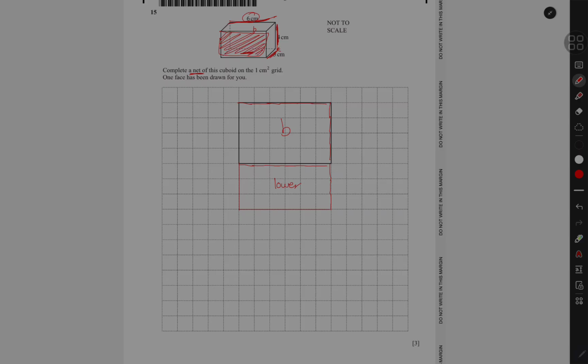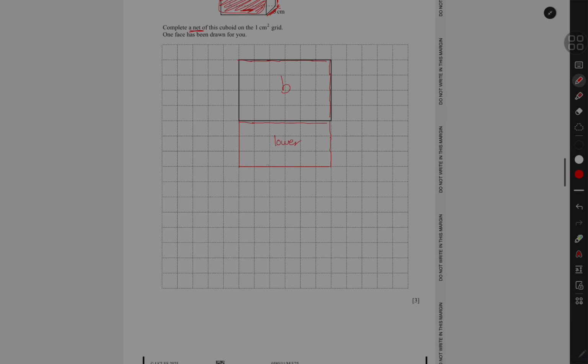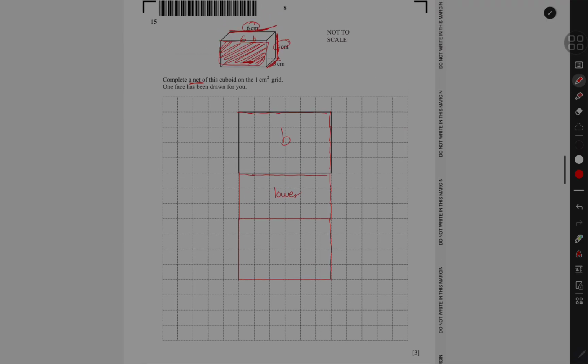The front side is 6 times 4. Again, 1, 2, 3, 4, 5, 6 times 1, 2, 3, 4. And I can just make it a square or a rectangle for that matter.